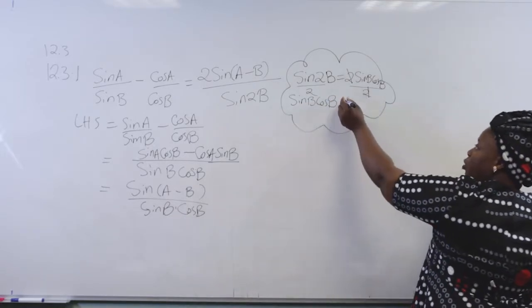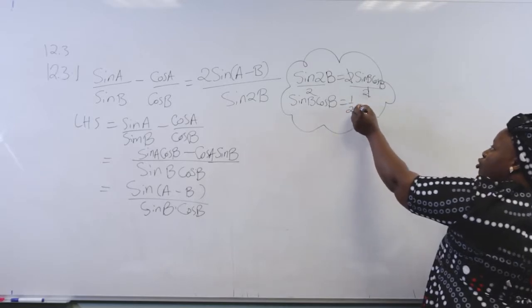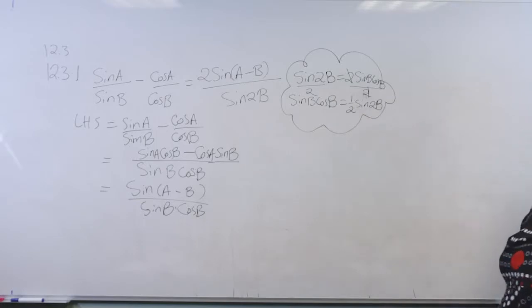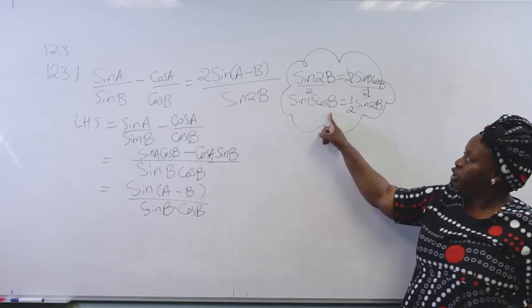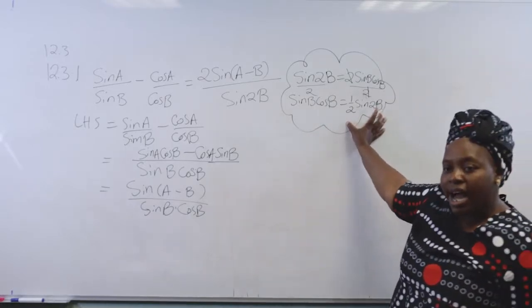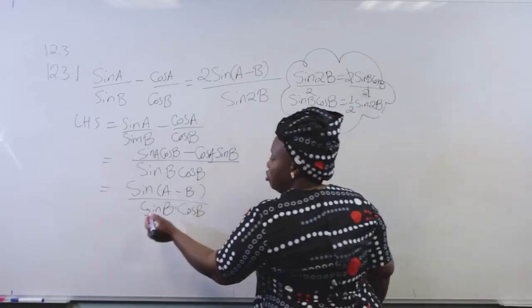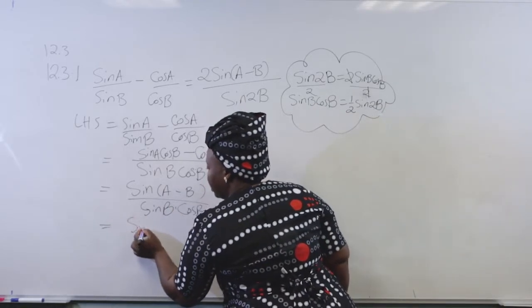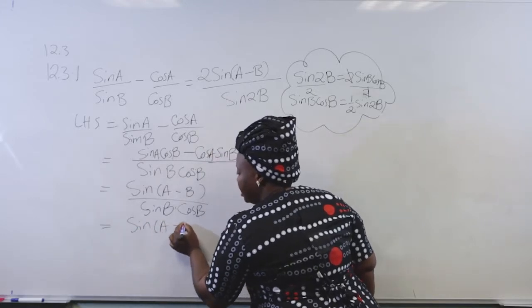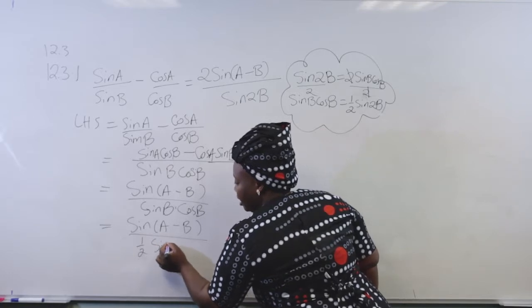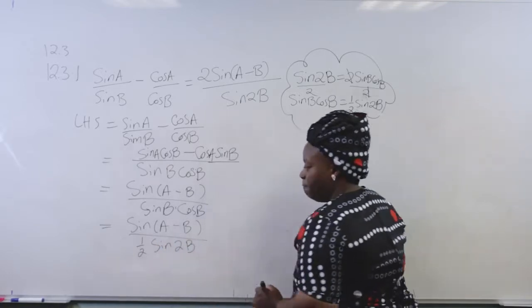But this can be equal to 1 over 2 sine 2B. So it means instead of writing sine B cos B, I am going to write half sine 2B. So that's what we are going to do there. This is sine (A minus B) divided by half sine 2B.